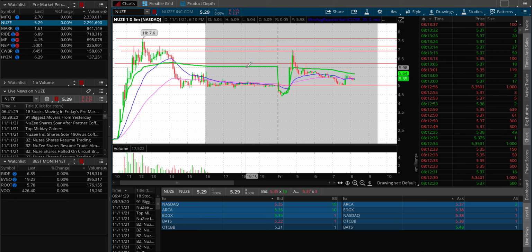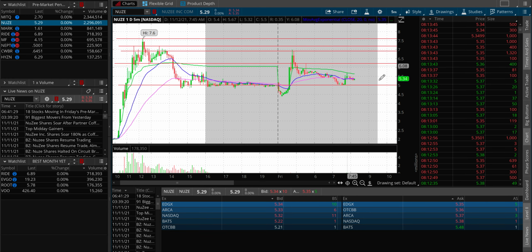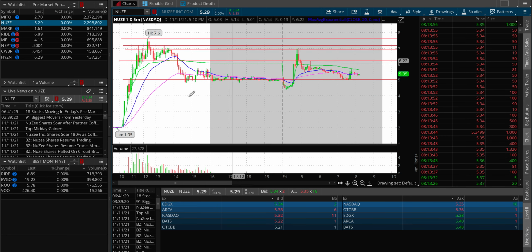If you know how to trade both sides of the market, short, sell resistance, cover at support, buy support, sell resistance, short, sell at resistance. So there's a lot of opportunities. So a stock can have a 5% range that's constantly bouncing back and forth, and you can end up making 30% on that stock for the day because you constantly just trade all those moves. So the levels are very important.